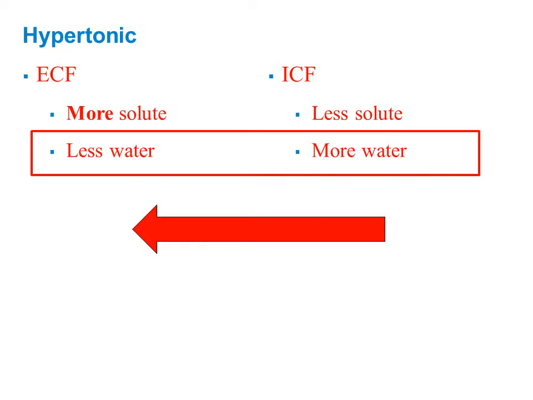Inside of the cell, the intracellular fluid, you're going to have less salt but more water. If there's more water inside, the water is going to flow outwardly. It's going to flow into the ECF. Therefore, the cell will shrivel.